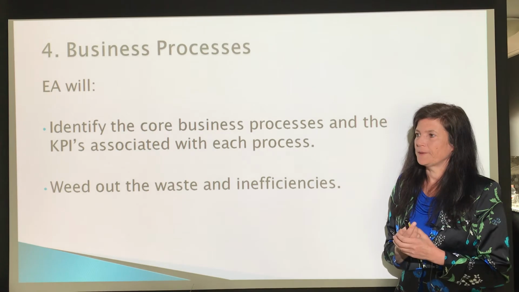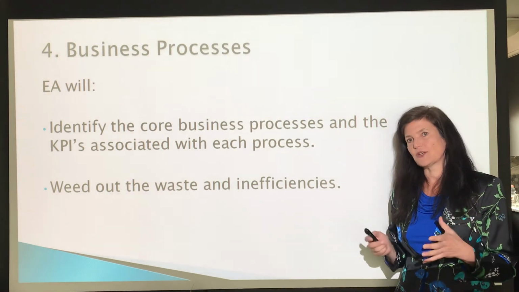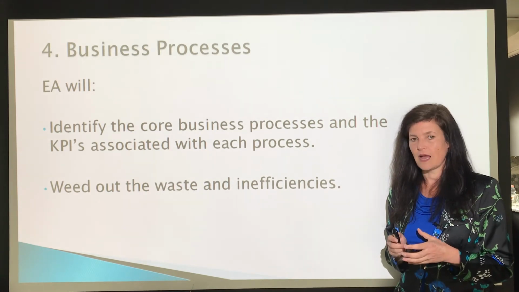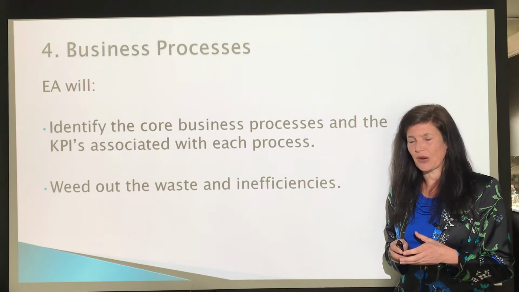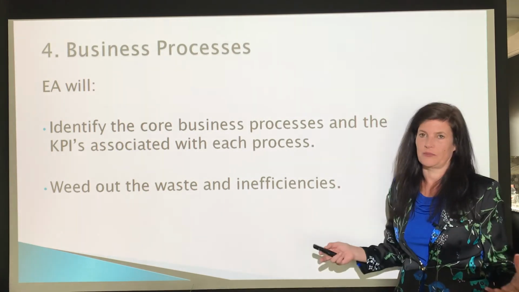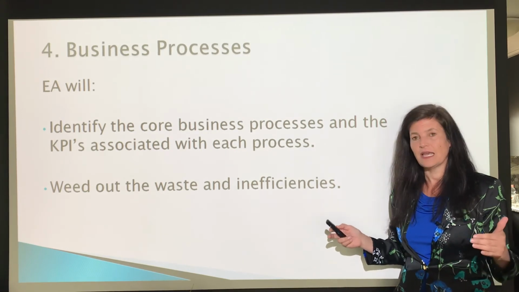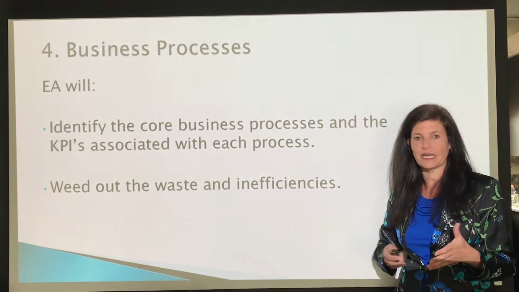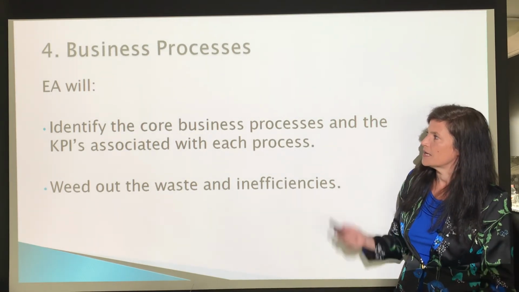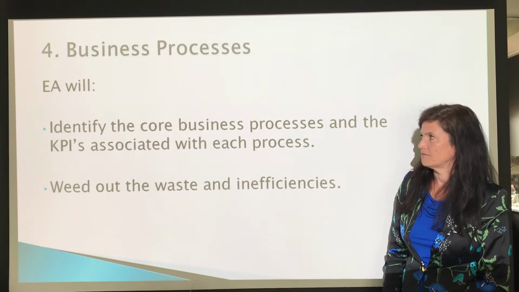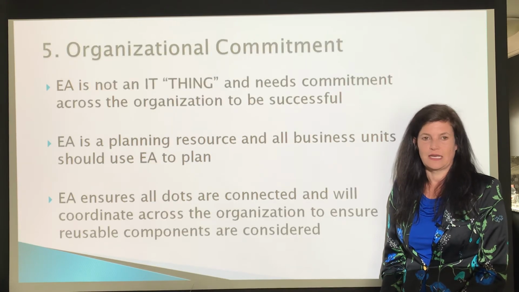And the way I always start the EA practice is to focus first on those core business functions and processes, but a fully mature EA practice is going to have all processes, all the supporting and enabling processes as well, the corporate processes in there, to a point where we're measuring them. But you've got to start small. So right now what we're going to do is focus on these core processes and make them as efficient as possible.